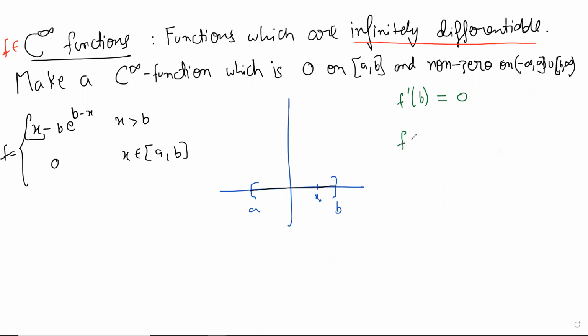So let's say that f is sine of x minus b for x bigger than or equal to b, and otherwise it is 0.